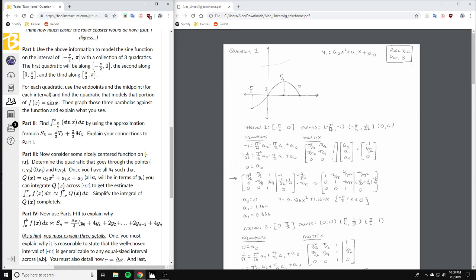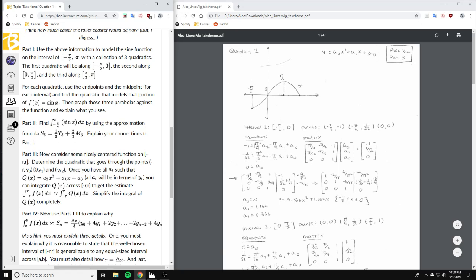So if x equals negative pi over 2, for our first equation, using the general quadratic equation, y1 equals negative 1 equals x squared, times the coefficient a2, plus the next part, which is x, negative pi over 2, times the coefficient a1, plus the last coefficient a0. So we do this for all 3 points, and we end up with 3 equations.